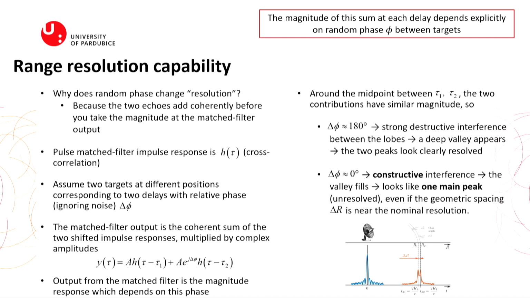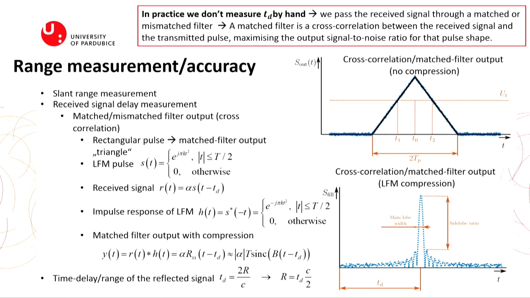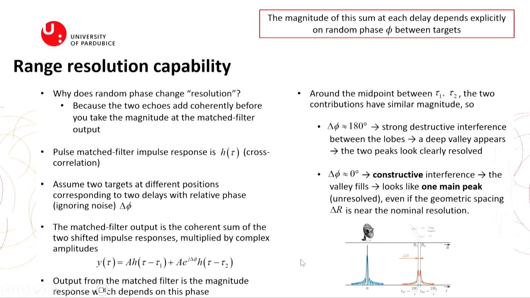So, when we have two targets, we have two time delays. Clear. And how will the matched filter output look if we have two targets? Of course, it will be a coherent sum of two shifted impulse responses, something like this.